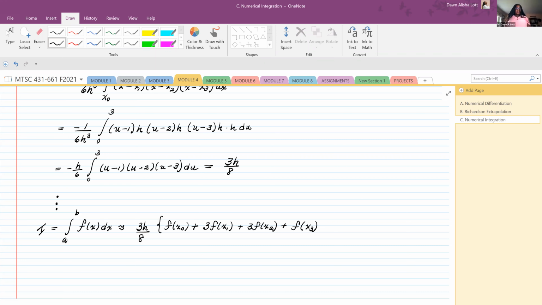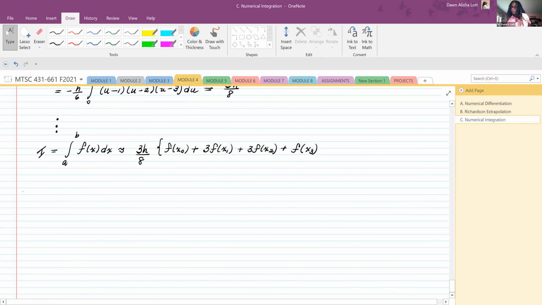All right. One other rule, very simple rule, the midpoint rule. So that's the integral from A to B of f of x dx.